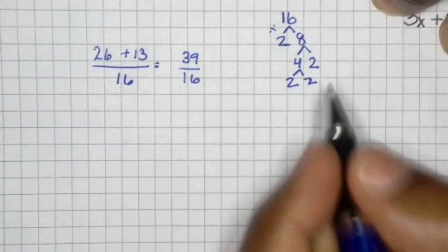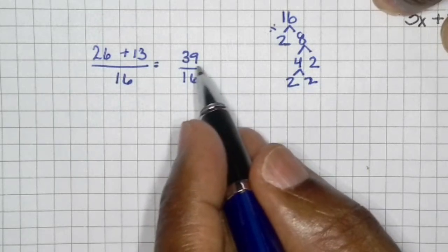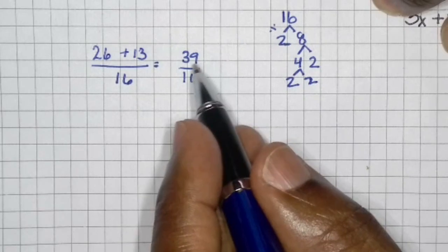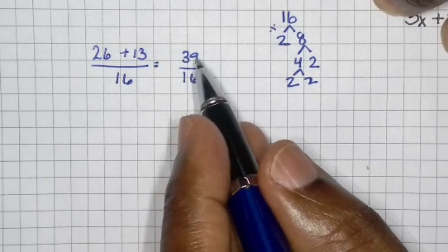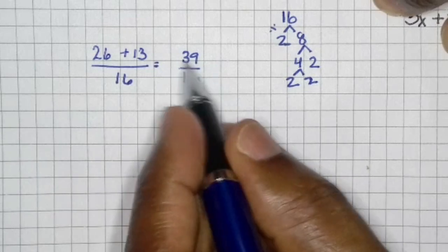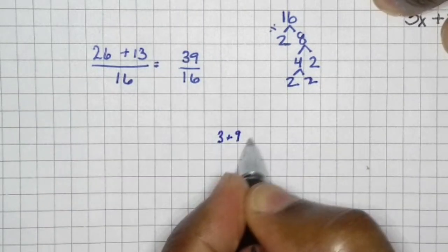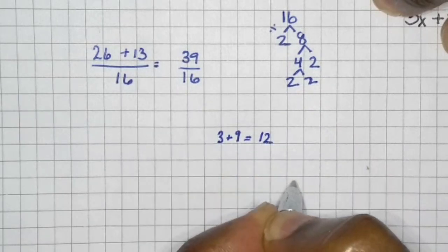Now, let's look at 39. In class, I said 39 does not factor. 39 does factor. It just does not factor with 2 as one of the factors. But remember what I said. If I add up the digits, if you add 3 plus 9, you get what? 12. And 12 is one of your 3 timetables.